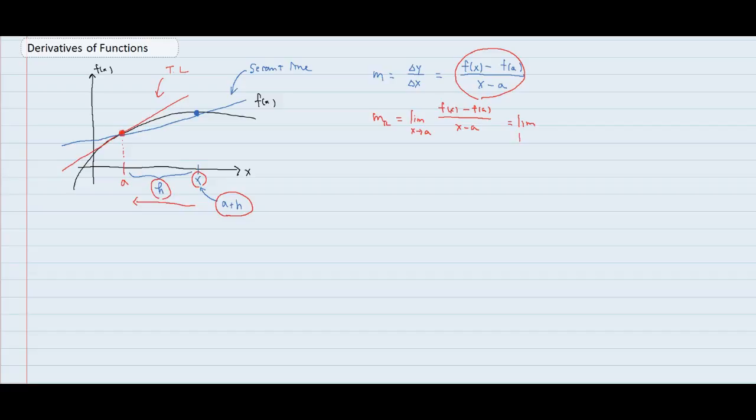So write limit as h goes to 0 of, again, changing y over changing x. So instead of writing f of x, I can write f of a plus h minus the original y value, which is f of a, all over. Now instead of writing x minus a, I can just simply write h.